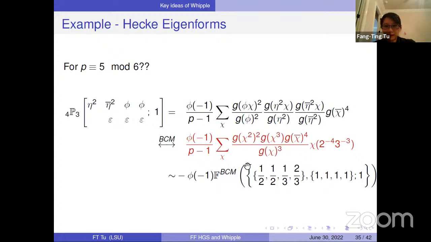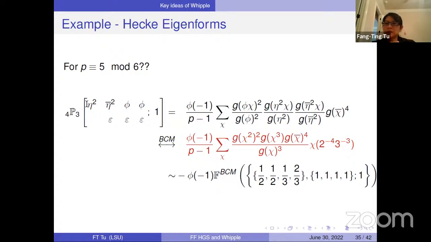So it's like this, and BCM tells you that this is exactly the one that we want. Using the formula, which means BCM's functions, we can identify the weight-4 modular form corresponding to this 4P3. Similarly, we can identify the weight-6 modular forms for all prime numbers greater than 5. So this is the idea.